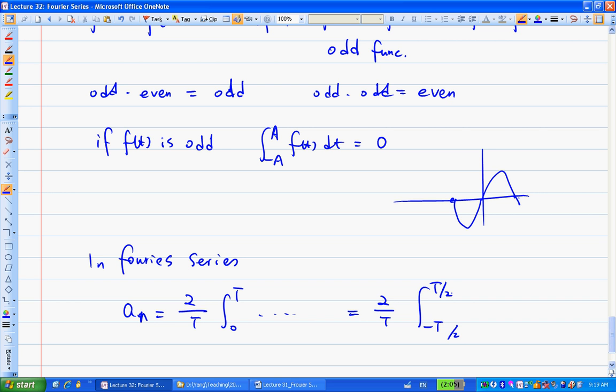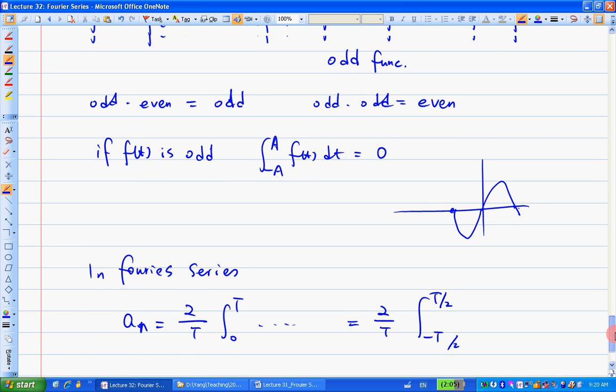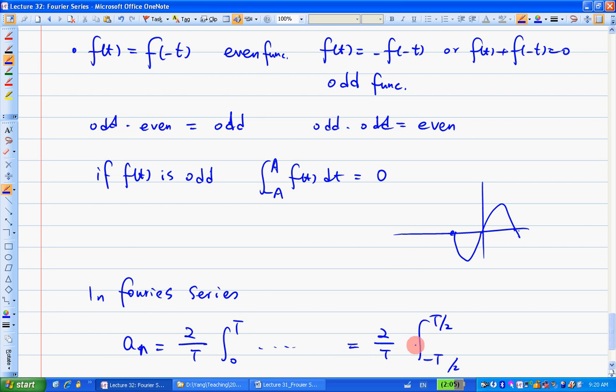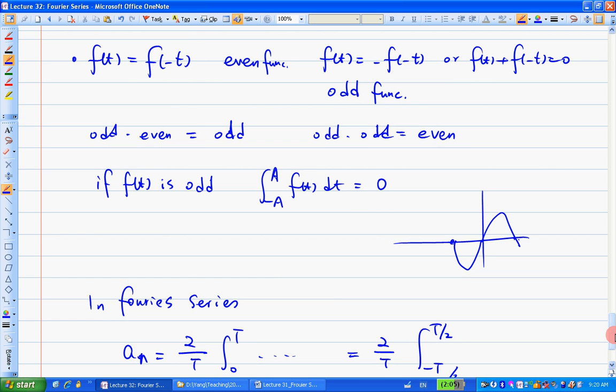So if you integrate over one period, 0 to t is the same thing as integrating from negative t over 2 to t over 2, right?